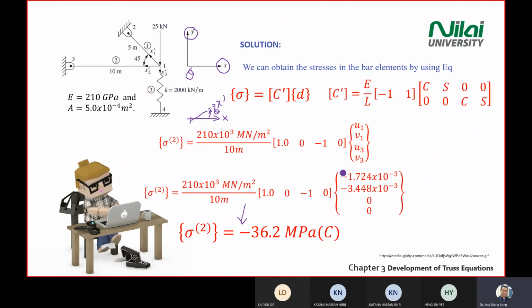The result you will see negative become positive, positive become negative, and some of the values will become very weird. So when you get a negative for stress, it means it's a compressive stress.